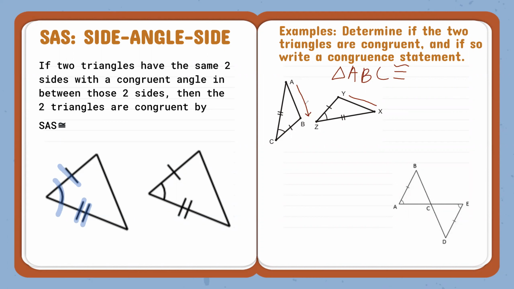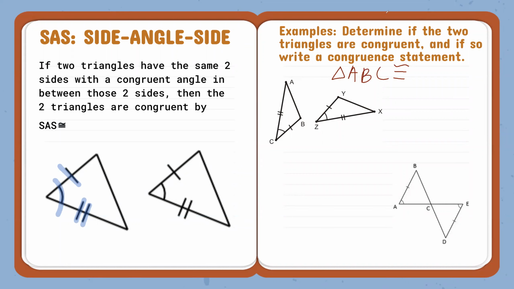But see how from A to B, you're going to the side with 1 tick mark? If I go from Y to X, I'm going to the side with 2 tick marks. So actually, I need to go the other way. It would be Y to Z. That's wrong too.